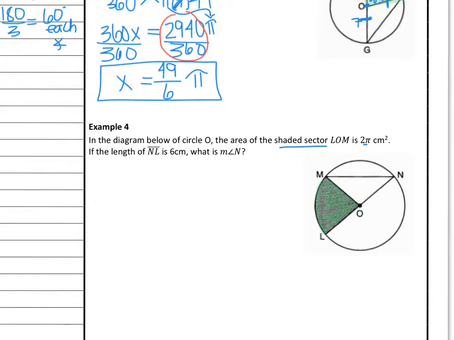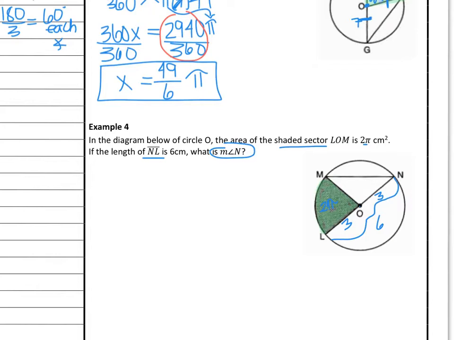So this green sector area is 2 pi. If the length of NL is 6 centimeters, so we're saying from N to L is 6, all the way over there, then that means that if that's the center, then this is 3 and that's 3. So our diameter is 6 and our radii are going to be 3 and 3. What is the measure of angle N?